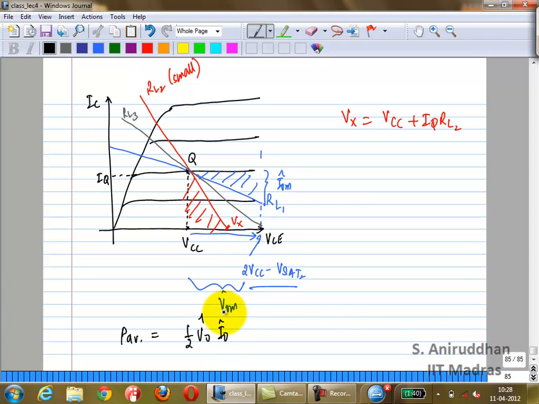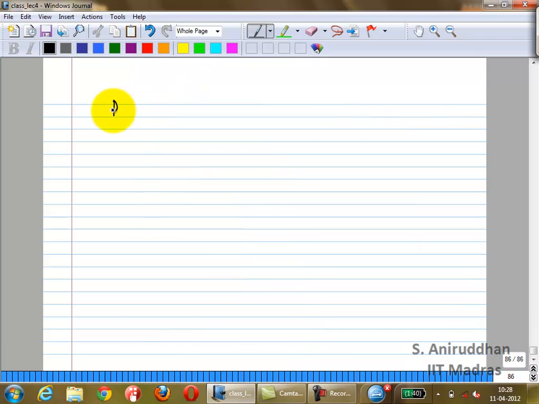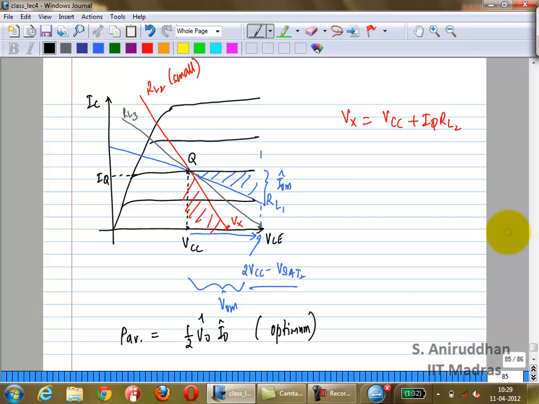And you want to do this for the optimum case, so we'll call that PL max. What is that? What is VO max? VCC minus VSAT.